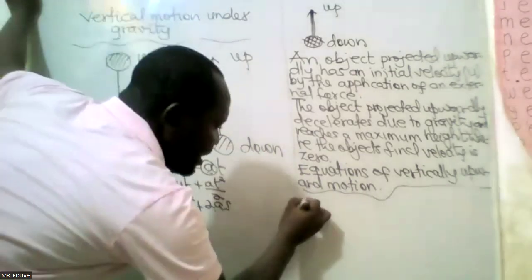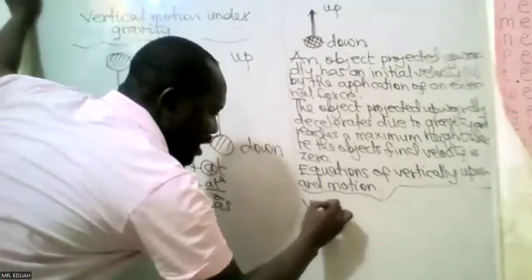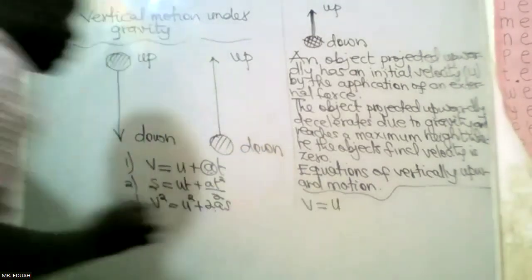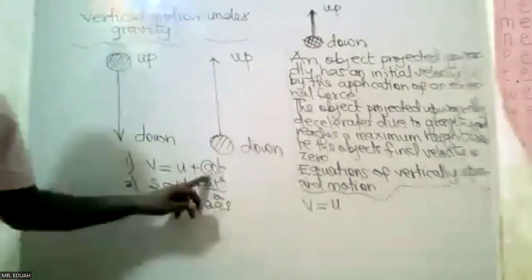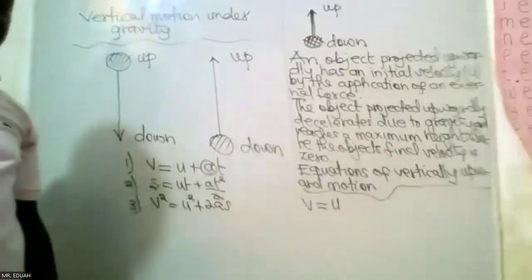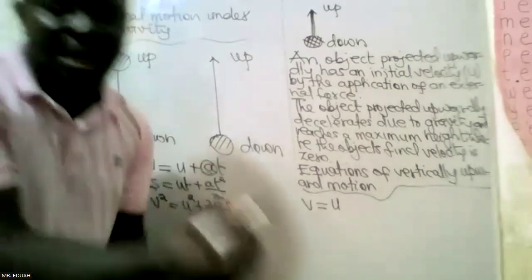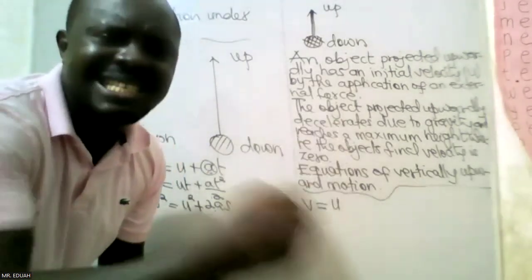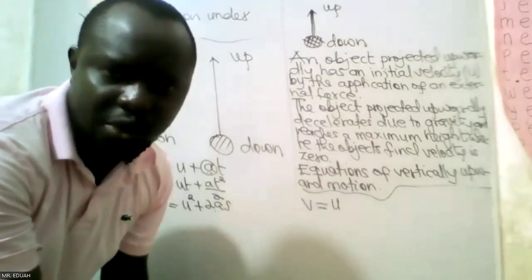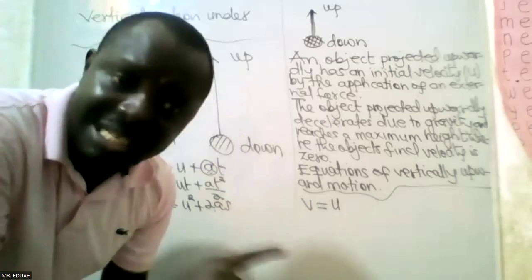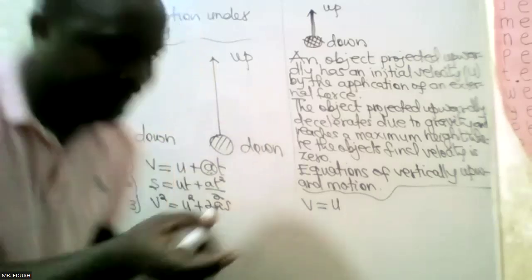So equation 1, V is equal to U. Now over here, the body accelerates, a positive acceleration. But when an object is projected vertically upwards, the body decelerates. The deceleration, which is due to gravity, or retardation, is negative.